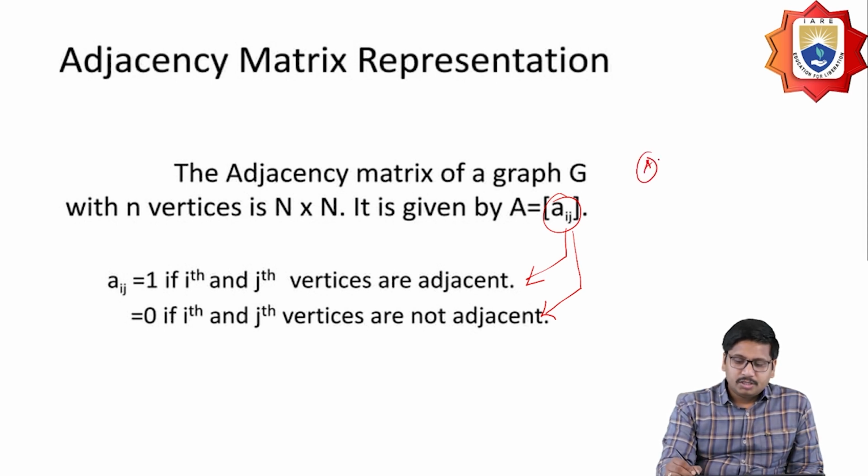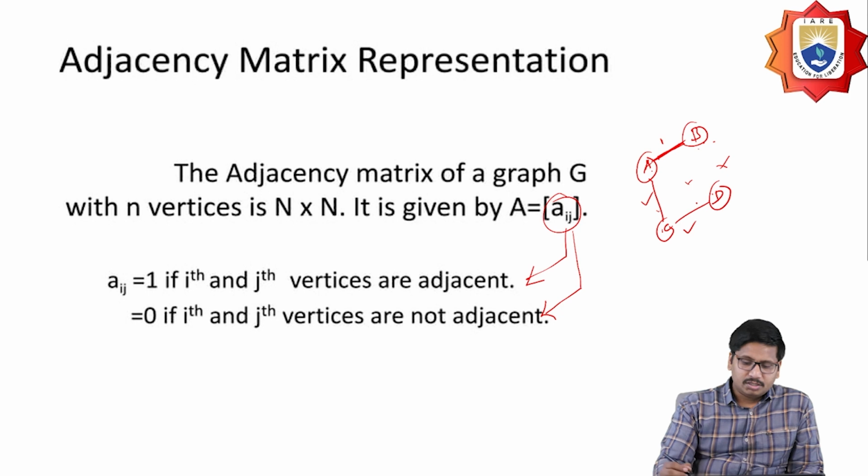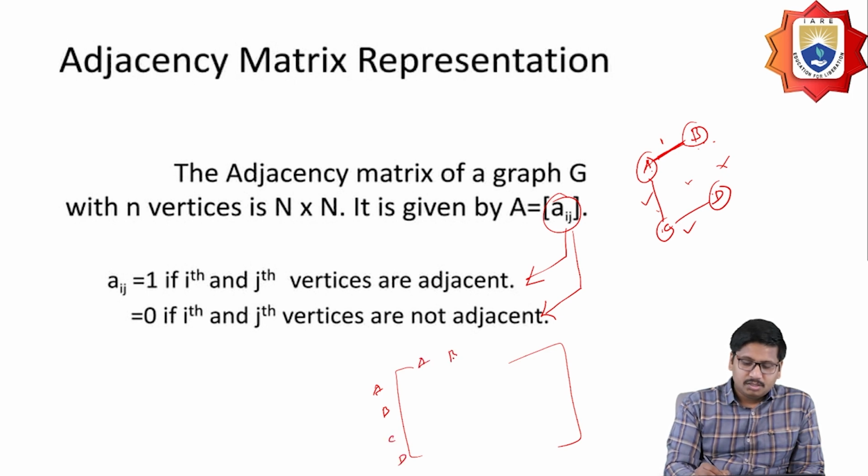So if I consider a graph, the matrix value should be 1 whenever there is an edge. That means A and B are adjacent, B and D are not adjacent, B and C are not adjacent, A and C are adjacent, and C and D are adjacent. So take an adjacency matrix and mark 1 or 0.